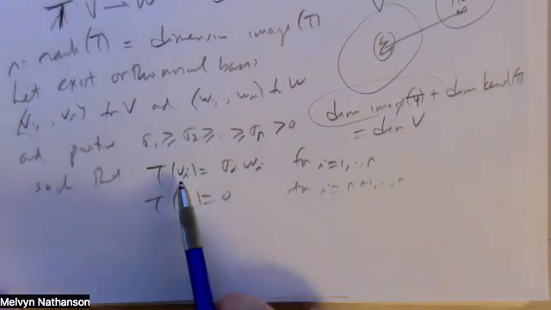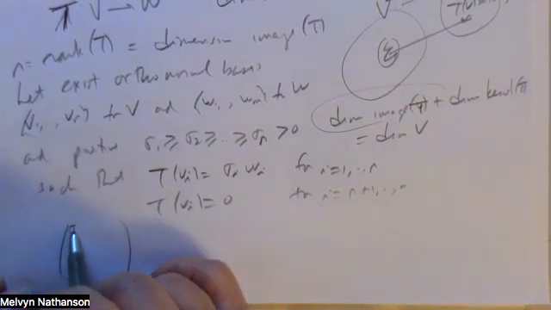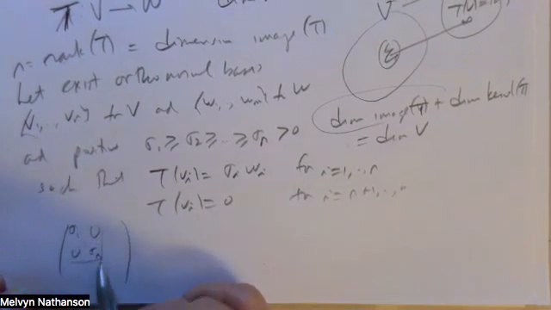So if you were to write the matrix for T, it would look like sigma 1 down to sigma r down the main diagonal, and zeros everywhere else.